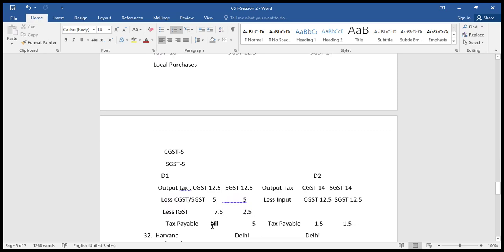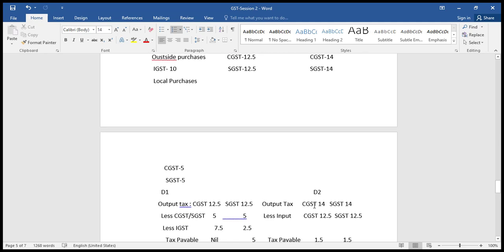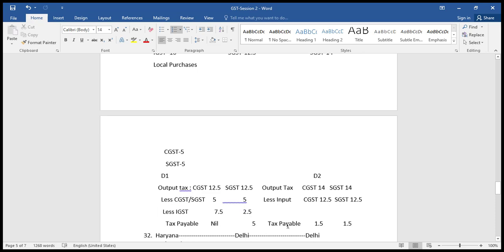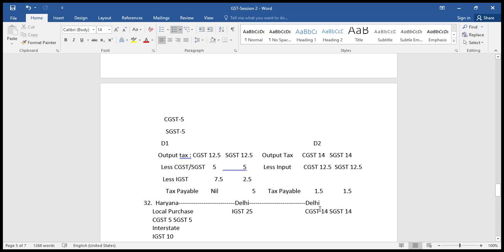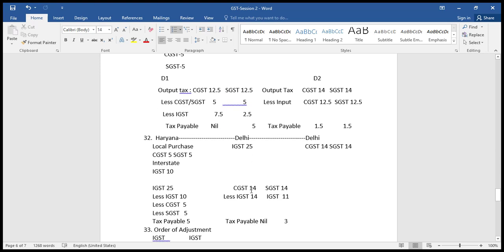So the tax payable would be nil and 5. And in the second case, output tax liability 14, CGST 12.5, SGST 12.5, hence tax payable would be 1.5 and 1.5.